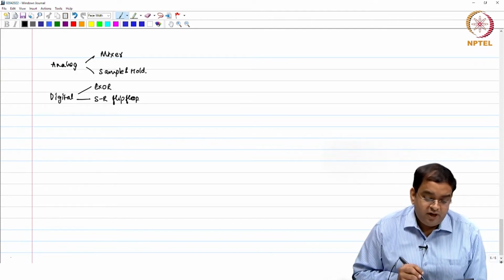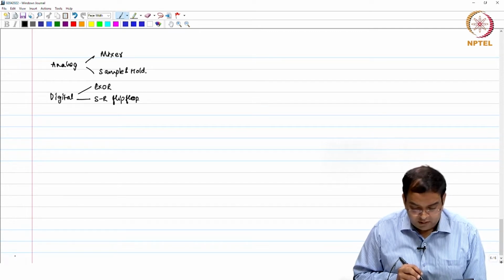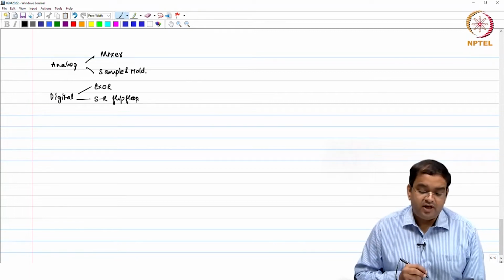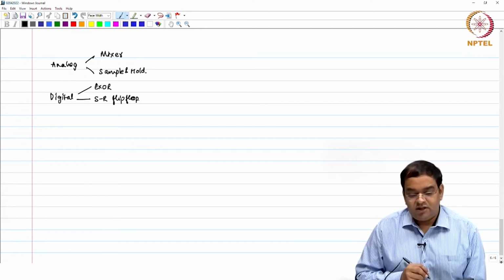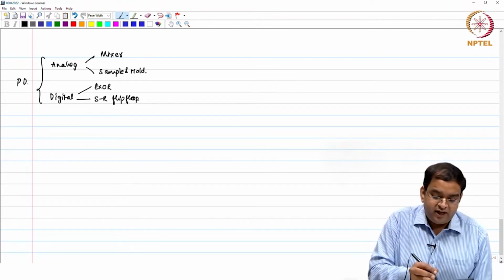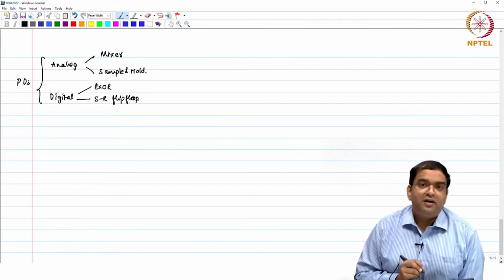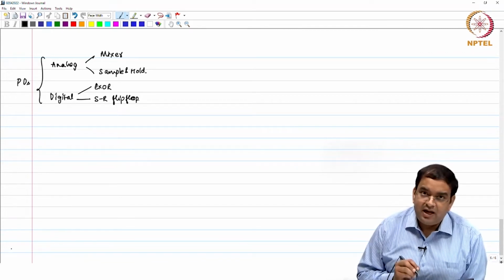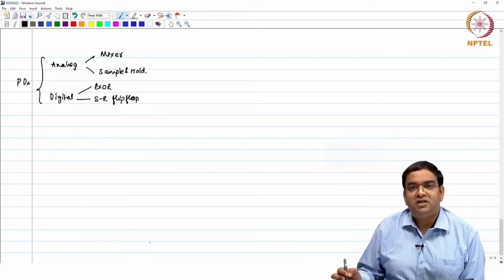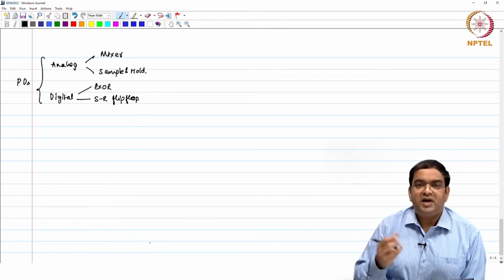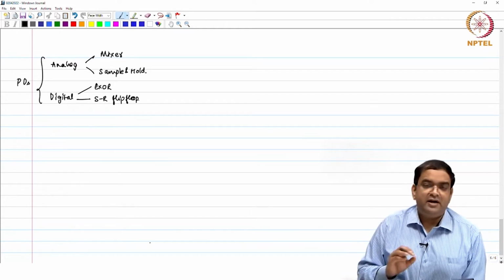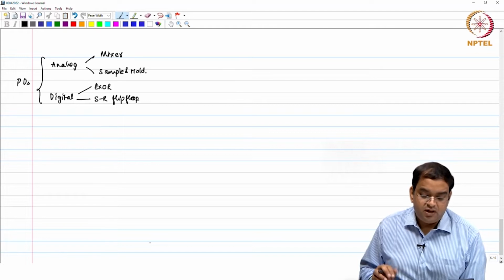Now, if you look at it, the range in both these cases, whether you are looking at the analog or digital, let us say digital only, is actually limited. So, given the R and V input signals, the linear range is either 0 to pi by 2 or 0 to pi at maximum in case of digital.